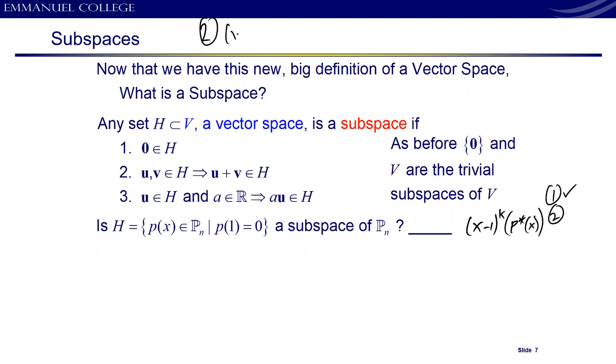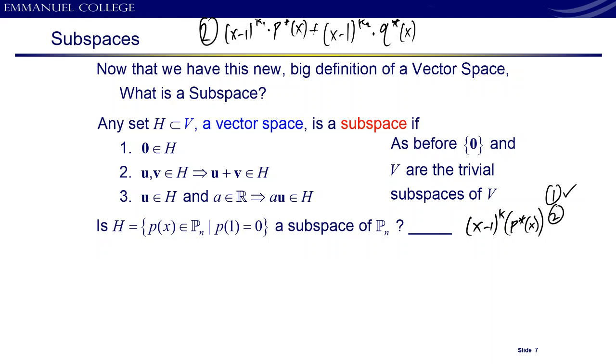If I have x minus 1 to the k1 times P prime of X plus x minus 1 to the k2 times Q prime of X, or Q star, I'll use, then you can see if I add them together, they both still have a root of x minus 1.